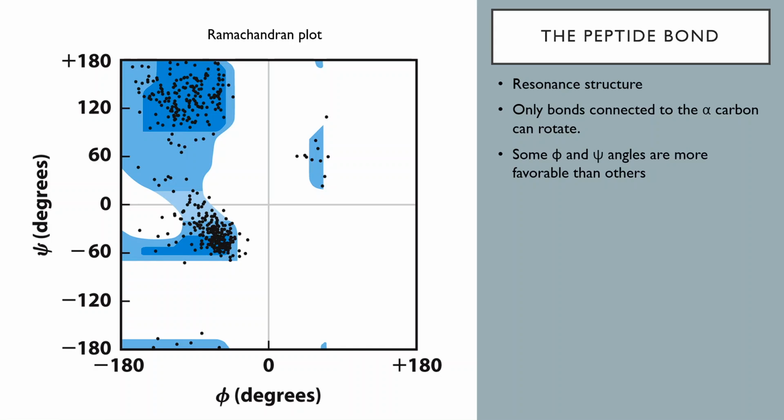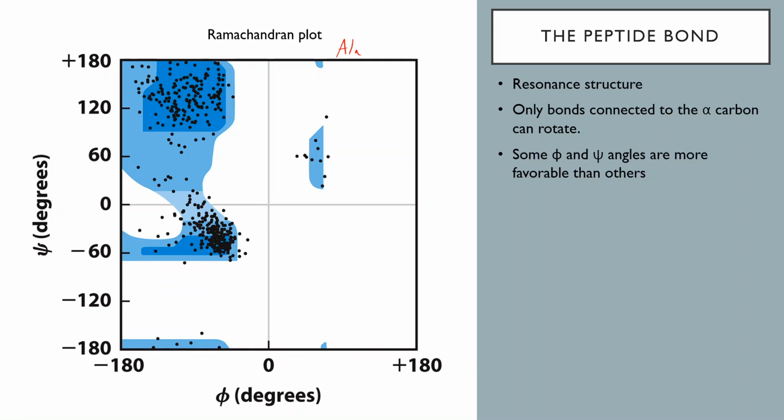These blue regions represent the rotation angles that are feasible for a particular amino acid. I believe this is for the amino acid alanine. Remember, alanine just has a single methyl group.